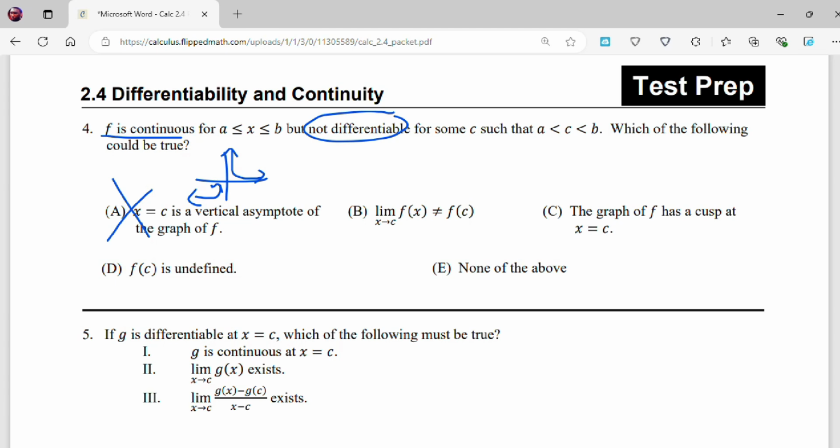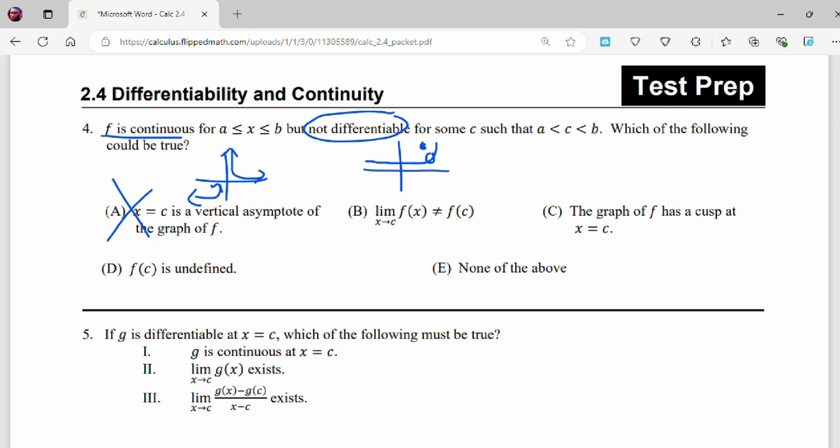Okay, next we have limit of f of x as x approaches c is not equal to the function value of c. Let's say you have something like this, and then right here you have a hole, and up top you have the function value.